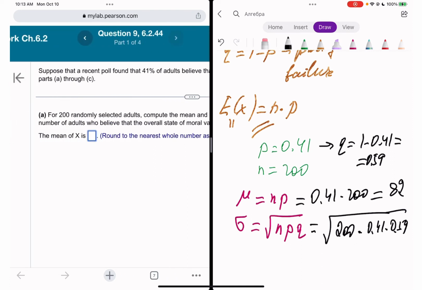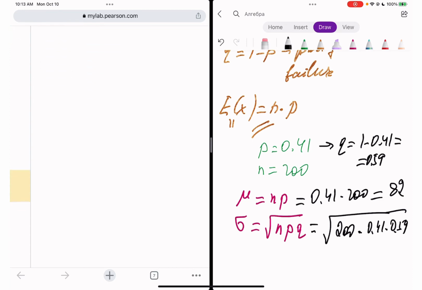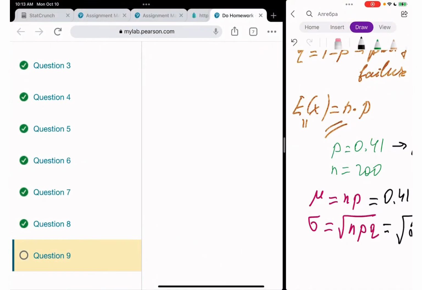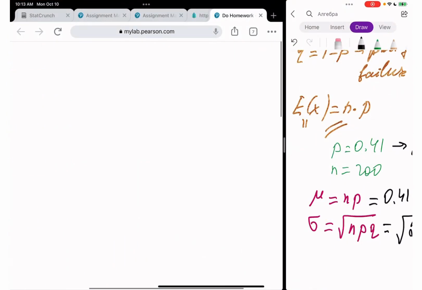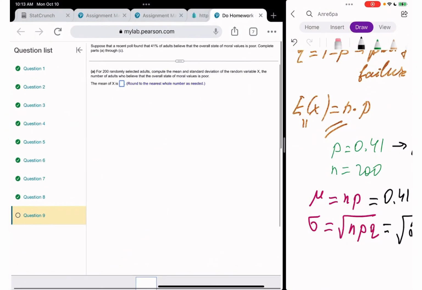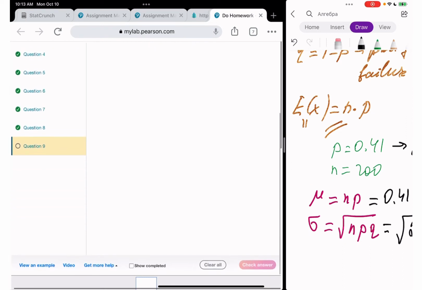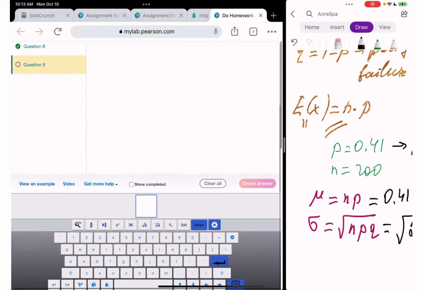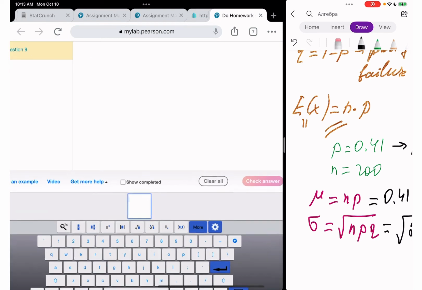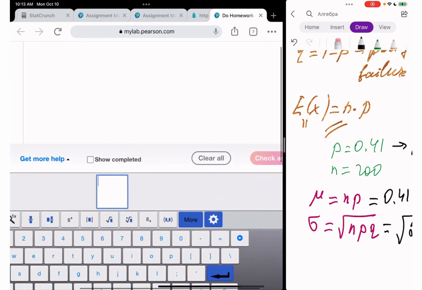Okay, let me write down the mean first. Doesn't allow me to write down. Oh, here it is. It was 82.